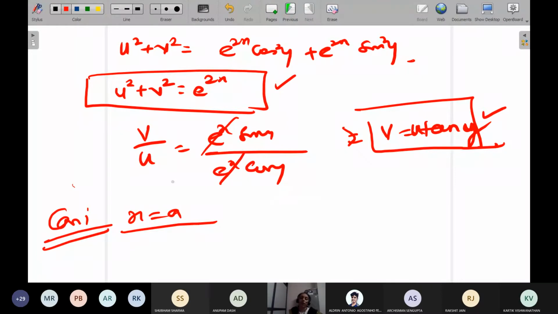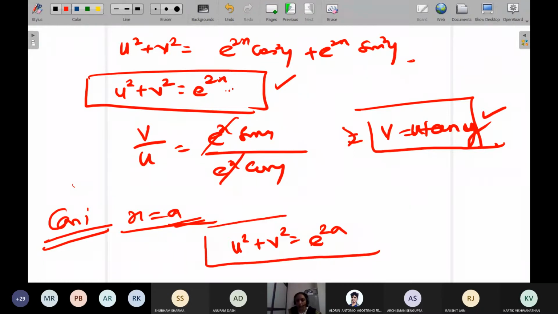Yes. Okay, now we'll take case one. Suppose I consider X is equal to A. So you know X is equal to A is a straight line. So what will happen when I substitute in these transformation equations? I will get U square plus V square is equal to E power 2A. What is this? U square plus V square equal to E power 2A.